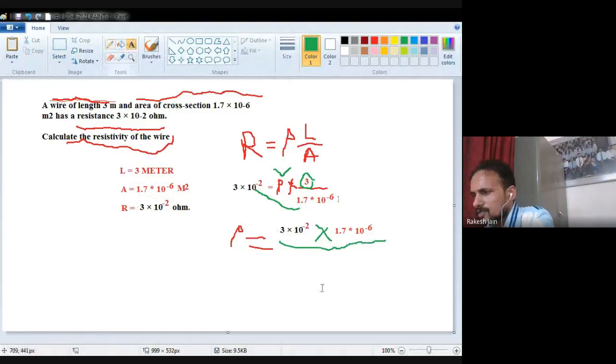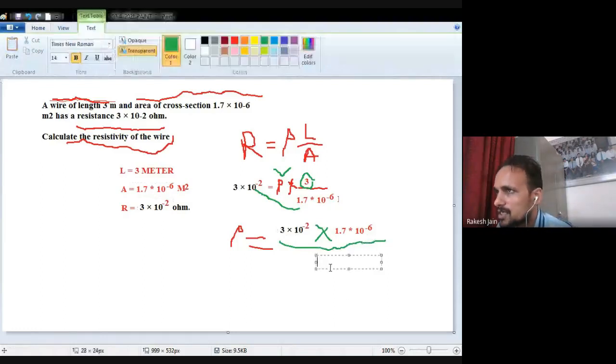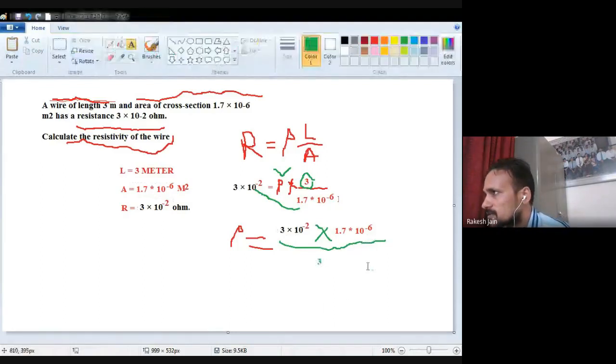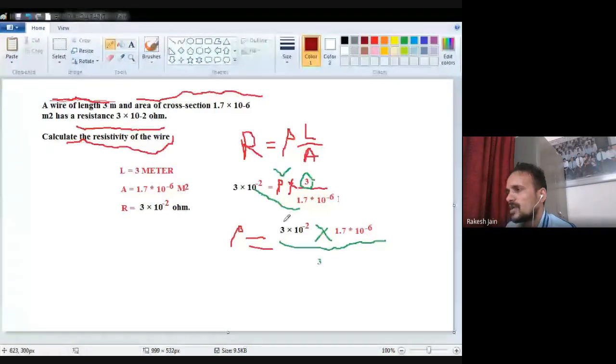So what we find, with this brown color I am teaching you, this 3 and this 3 will cancel out. Now only 1.7 and the powers of 10 will be the answer.